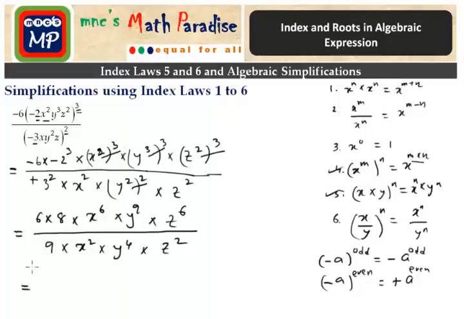So now if we simplify a little bit, 3 will give 2 and 3, so we will get 2 times 8 is 16 divided by 3. So this is the value part.